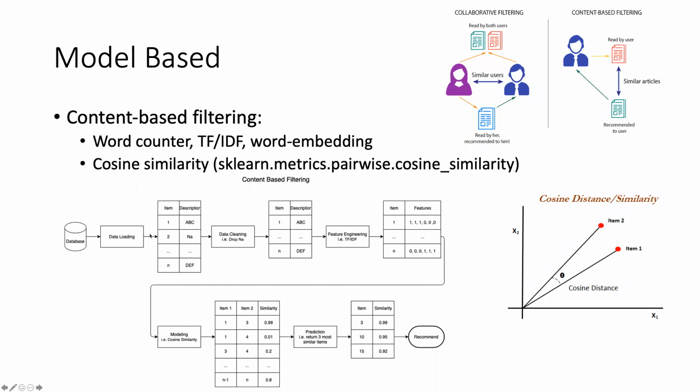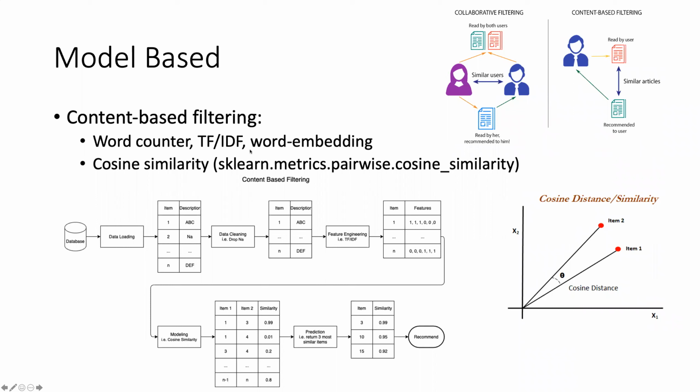So if we use the product description as the feature, let's use that as an example here. First, we get the data, and then each product has a description like ABC or something. First, we probably want to do the cleaning, like remove stop words, remove numbers, or do lemmatization, tokenization, something like that.